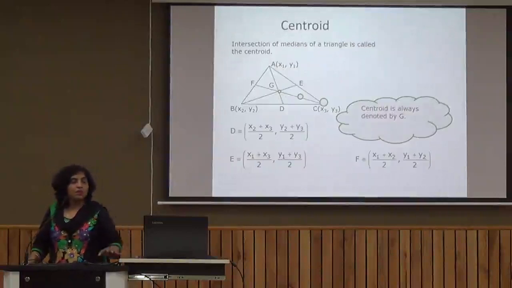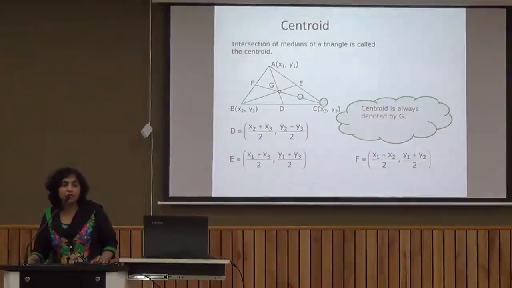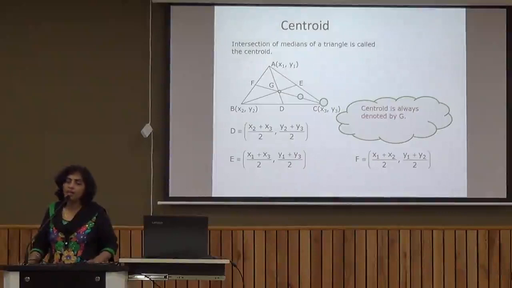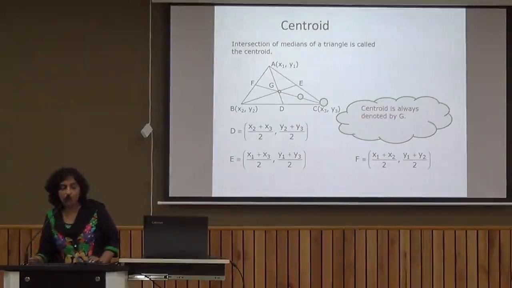Now there is a point in the triangle, the centroid, which is the point of intersection of the medians of a triangle. The coordinates of this point can be calculated with the help of the section formula. We all know that the centroid divides the median in the ratio 2 is to 1.